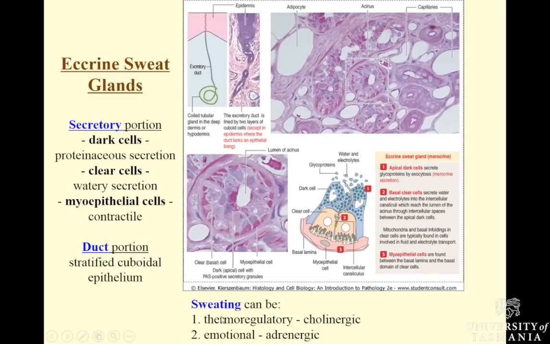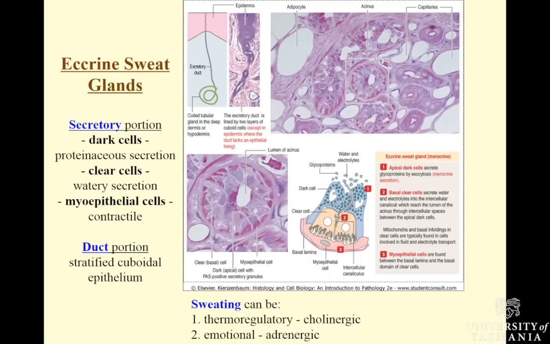So just reminding you that sweating can be of two types, thermoregulatory and emotional. So thermoregulatory sweating is brought about by acetylcholine of the autonomic nervous system, whereas emotional sweating has receptors, or what are called adrenergic receptors, which are receptors responsible for binding adrenaline.